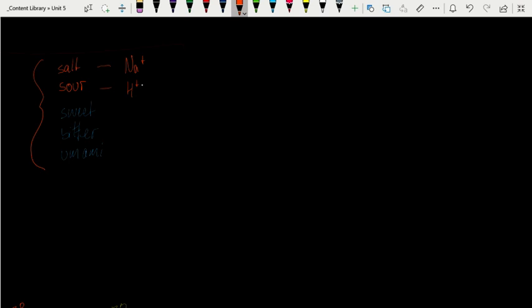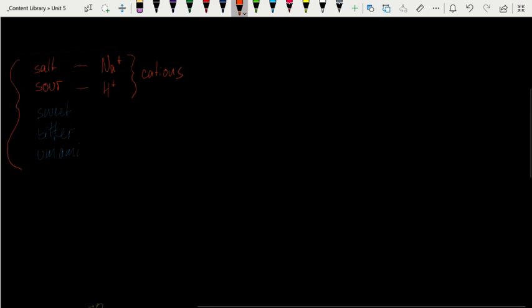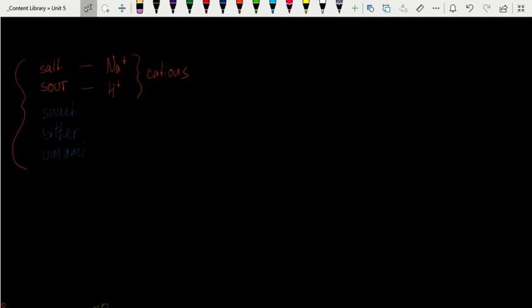Now, this is really convenient because both of these just happen to be cations. So this allows us the simple ability, if we look at one of these receptor cells, all we have to do is have a specific cation channel on the surface of the cell.